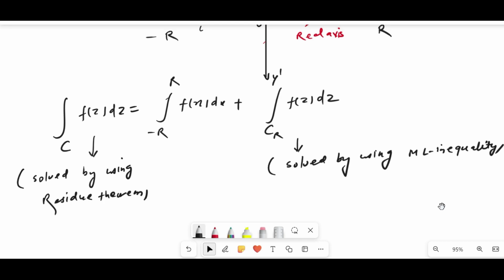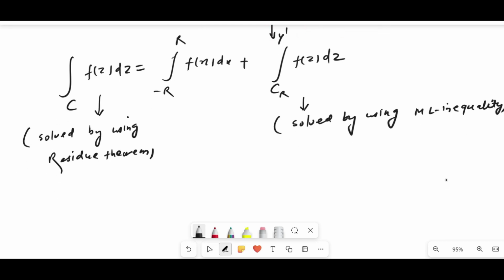Further, after solving, we will apply the limit r tending to infinity on both sides.